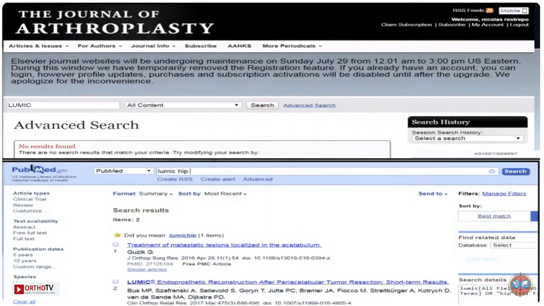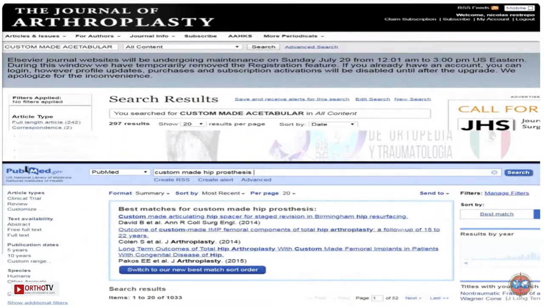We reviewed two searches, Journal of Arthroplasty and PubMed. On these topics there are two papers, but if you search for custom-made implants in acetabular reconstruction, you have almost 300 in the Journal of Arthroplasty, or more than 1,000 in PubMed.